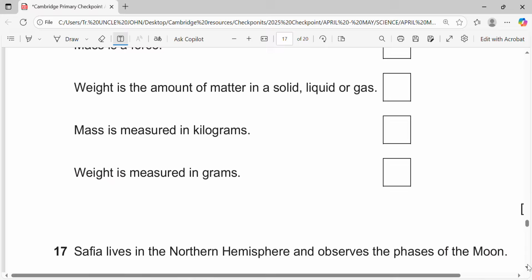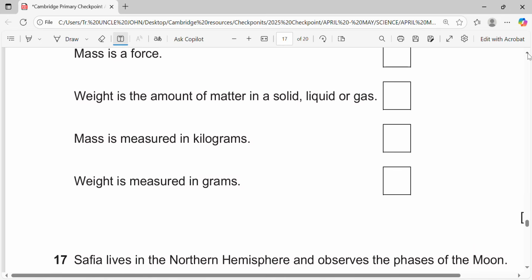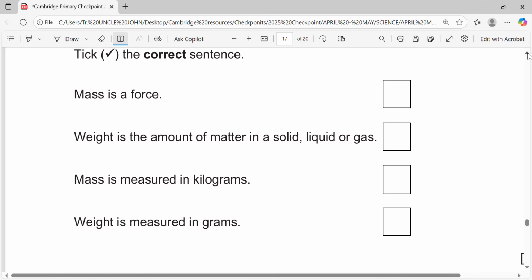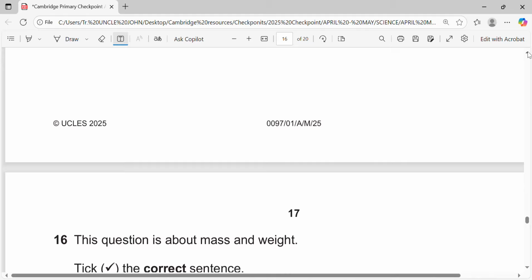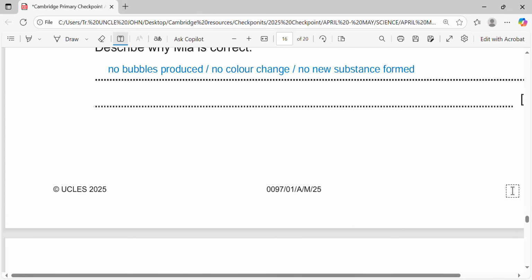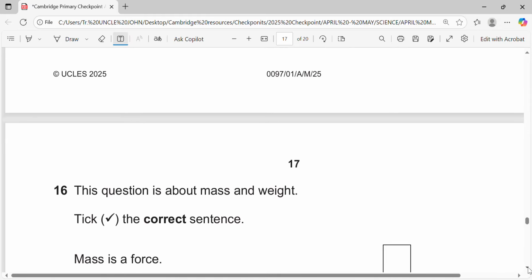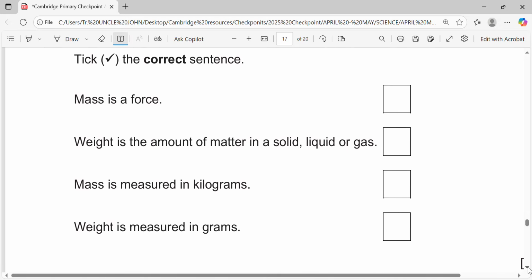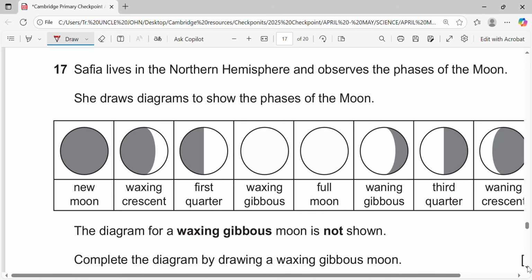Weight is measured in grams. So mass is measured in kilograms.